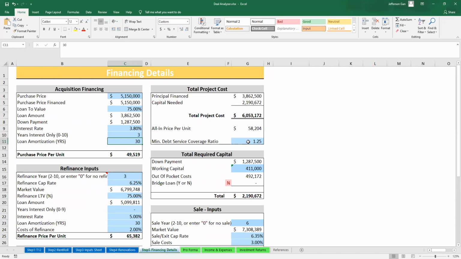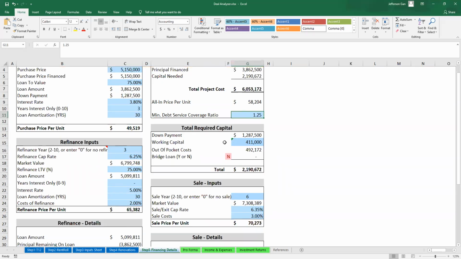Then what's the minimum debt service coverage? This is just a flag that detects if you're being aggressive or you're still at a good debt service coverage ratio. Banks usually want a 1.25, or the agency also needs at least a 1.25.